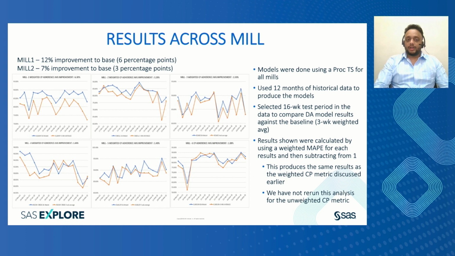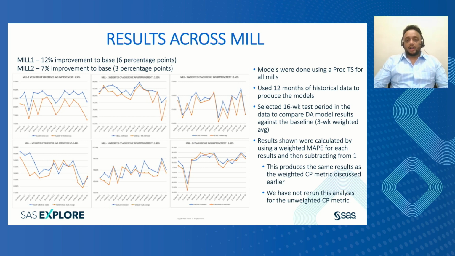It should hold across a longer time period, so that we can rely on it and it can be deployed in production. Over the 16 weeks we can see around 12% improvement, and we derived a metric for all this calculation.